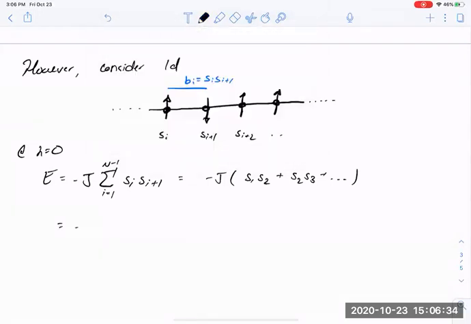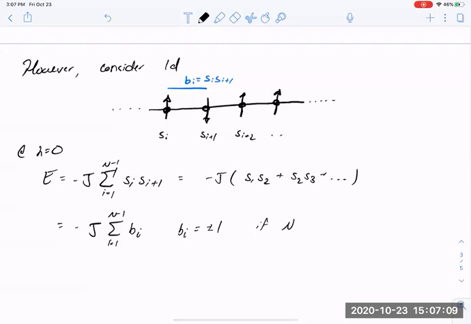The energy can be exactly rewritten as a sum over those variables. So a mapping exists between describing the system as a set of spins or describing the system as a set of bonds between spins.